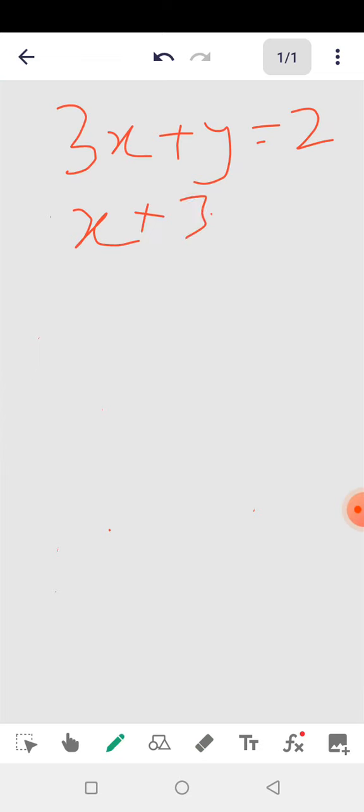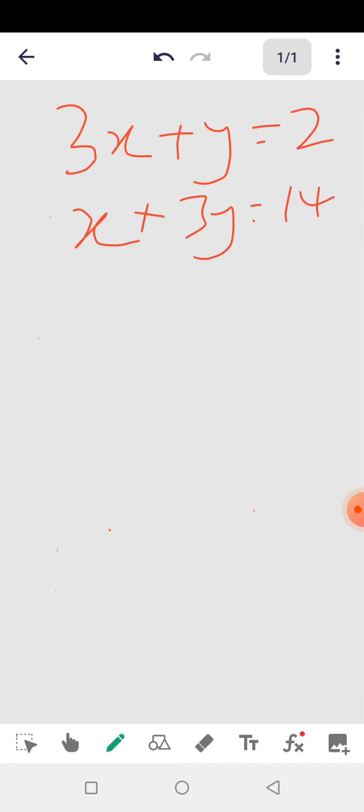Alright. Now let's say I have 3x plus y is equal to 2 and x plus 3y is equal to 14. Now if we check the variables for x, in the first equation the coefficient of x is 3. In the second equation the coefficient of x is 1.